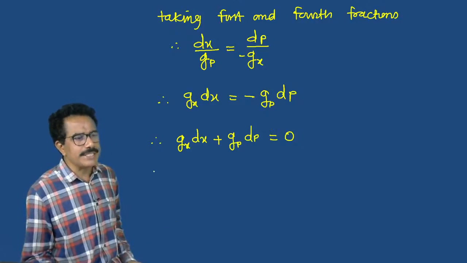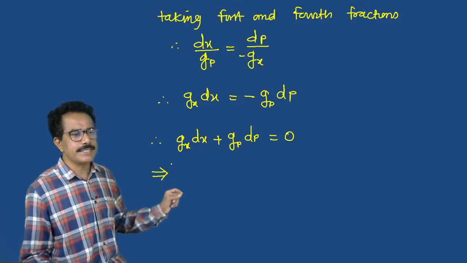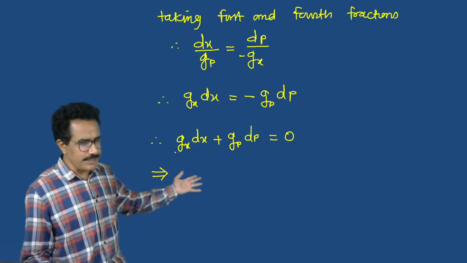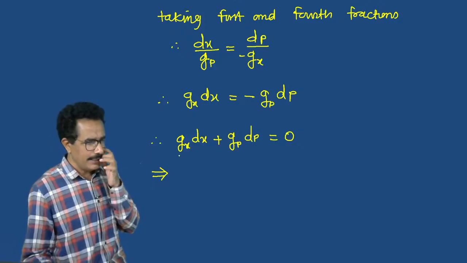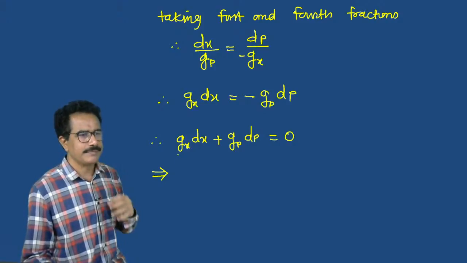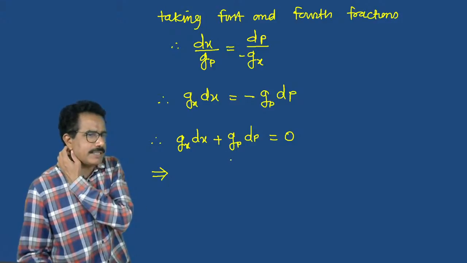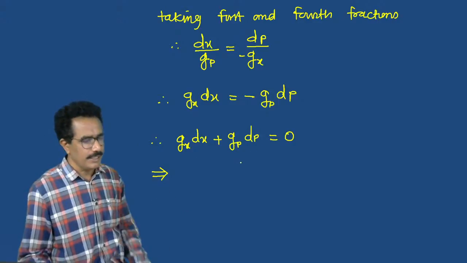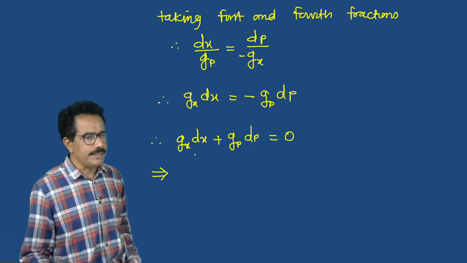So therefore this implies that, because we can take the integration, we will get g of x comma p, which is the constant denoted by a. Is that correct? Correct, right? That will be the constant denoted by the integration of g, which is the function of constant.